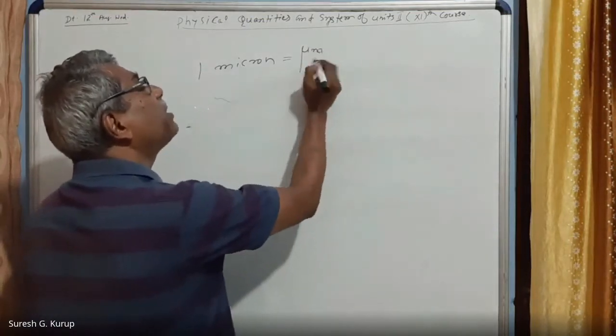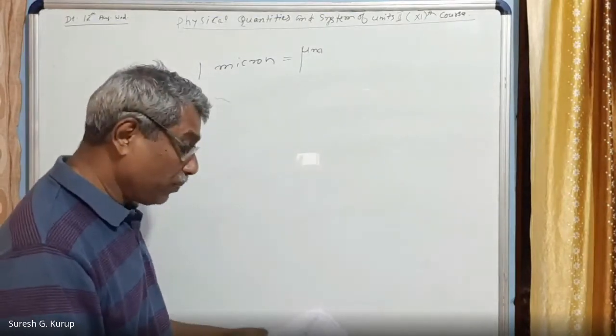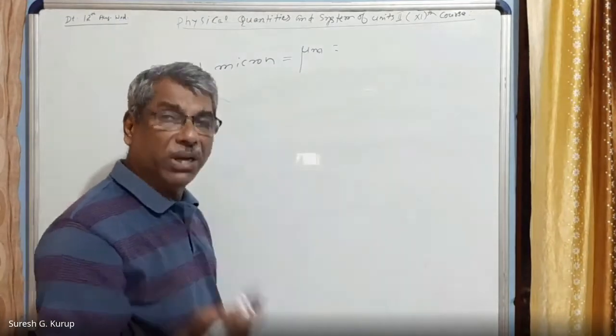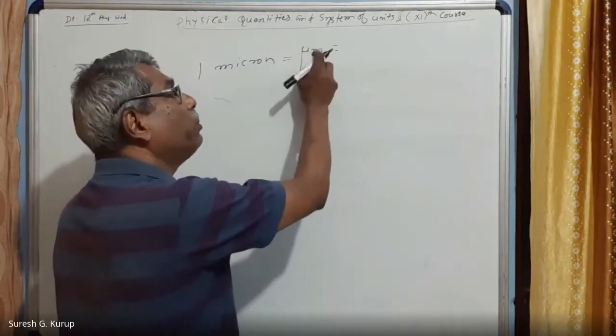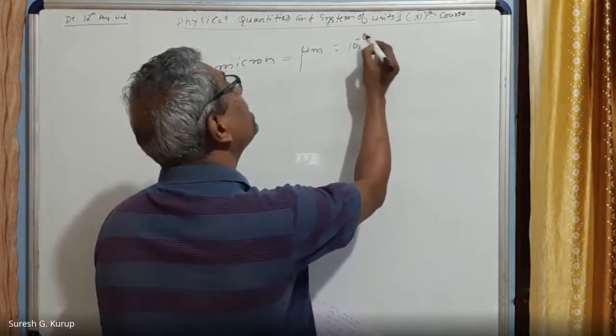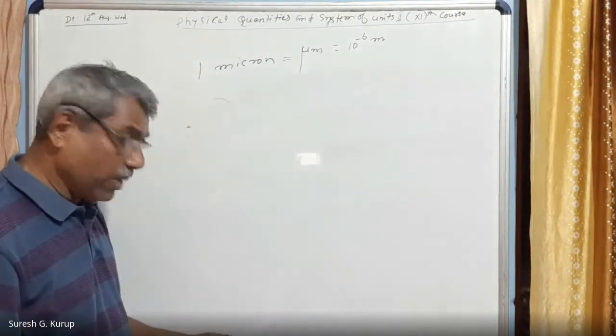This letter is a Greek letter, read as mu. 1 micrometer is equal to 10 raised to minus 6 meter.